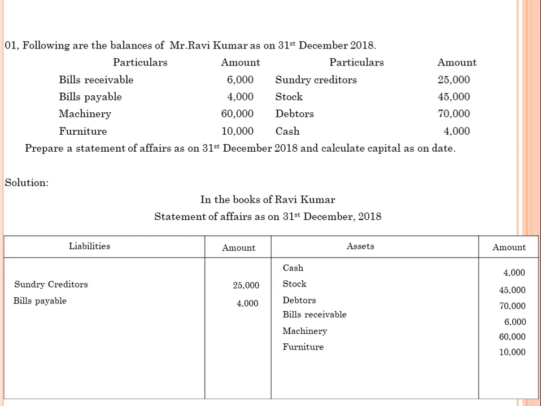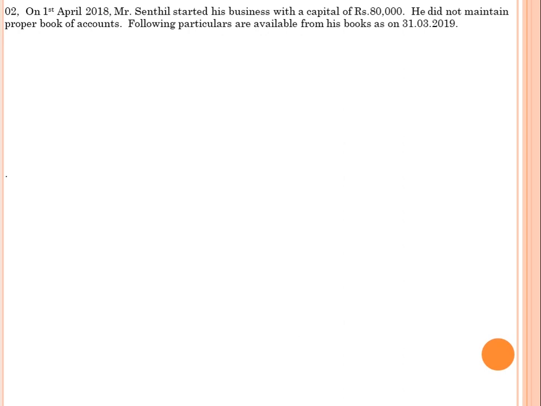Now find the total of the asset side: 1,95,000. Put the same value on the liability side, 1,95,000, and find the missing figure. What is the missing figure? We call it the capital, the balancing figure, 1,66,000. How much? 1,66,000.